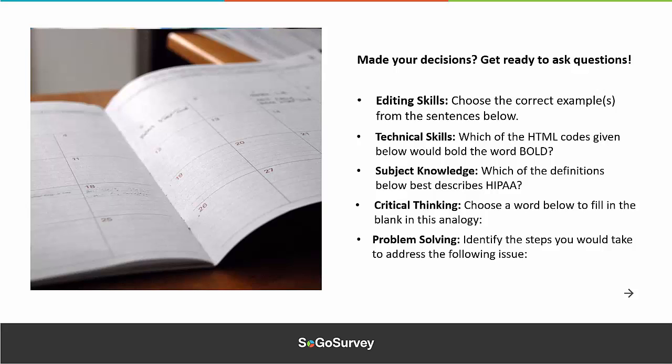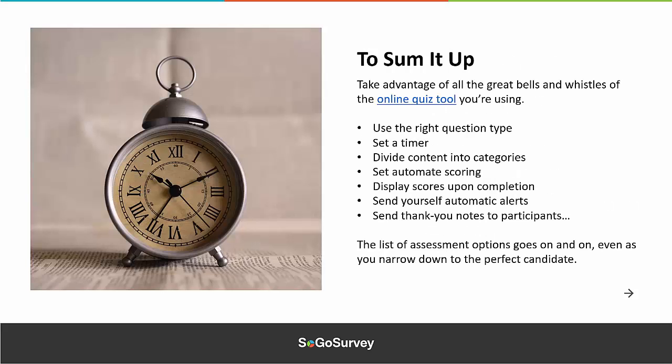Which of these definitions match correctly with what HIPAA is requiring? Critical thinking, again, you could have analogies, you could have problem solving at the bottom here. So again, depending on the kinds of skills that you're trying to test, ask the right kinds of questions and provide the right kinds of answer options, if any, to make sure you're testing exactly what you've set out to test.